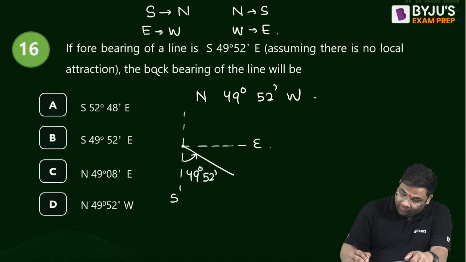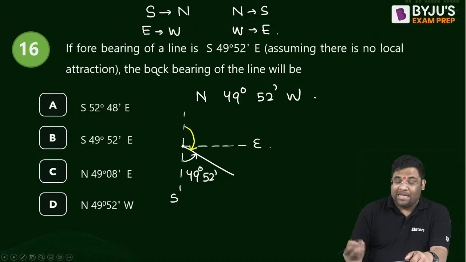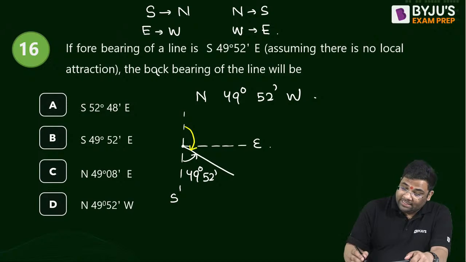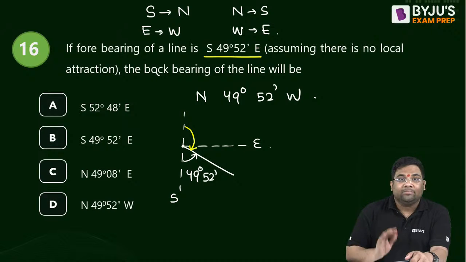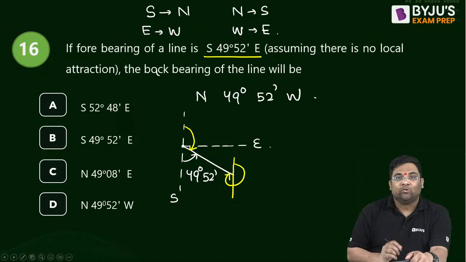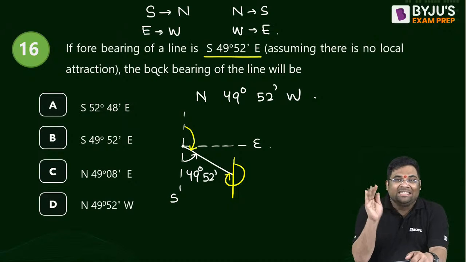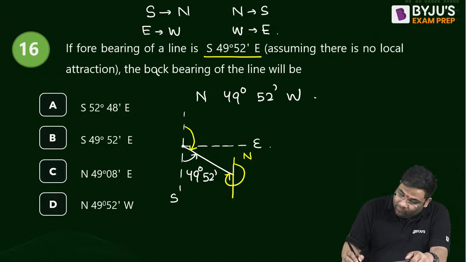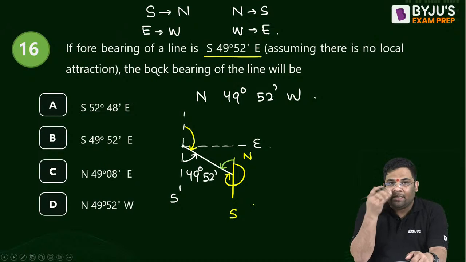I am taking the forebearing, representing it in QB. Now the back bearing is this one, but I should represent it in QB. So in QB, this is northwest, this is north south, and I have to take this angle, which in QB has to be less than 90 degree.